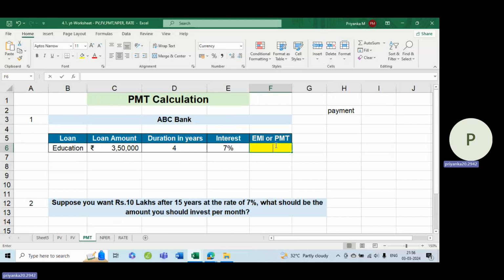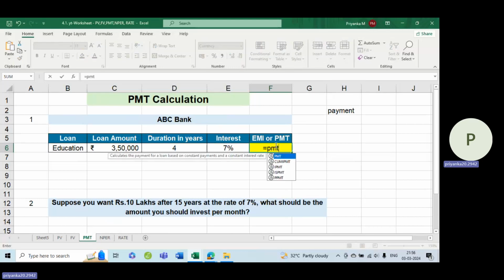So let us give equal to PMT of, tab, the rate at which he is going to pay. We have seen that for the rate, we have to divide it by 12, because the EMI is paid monthly here.